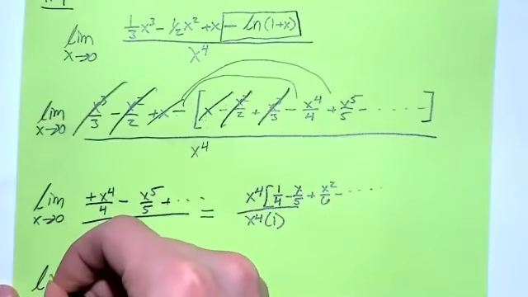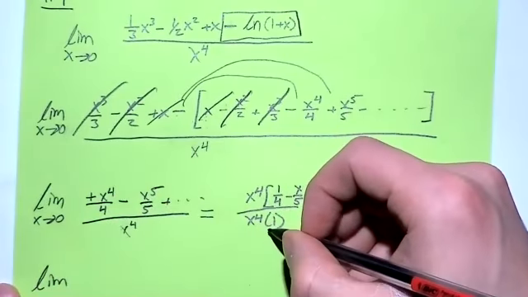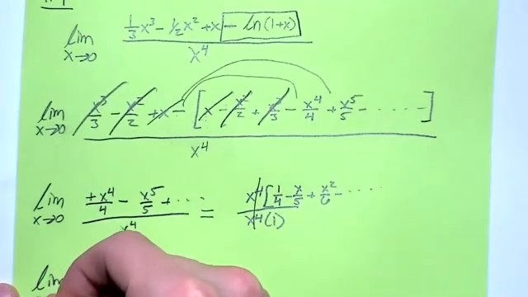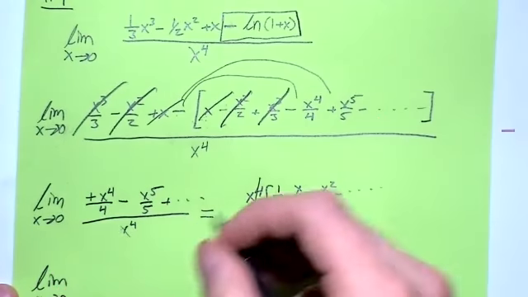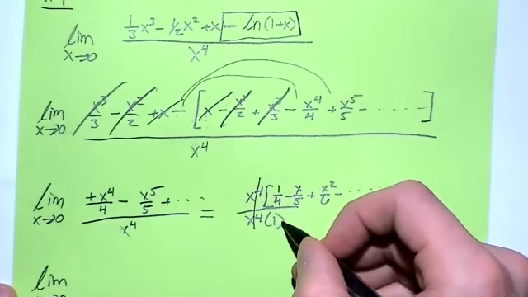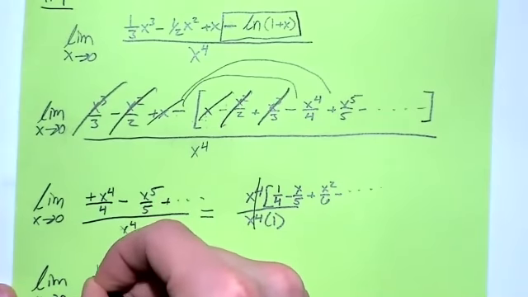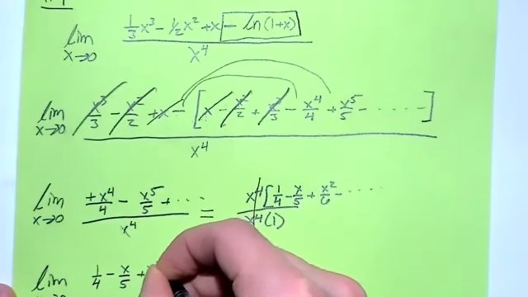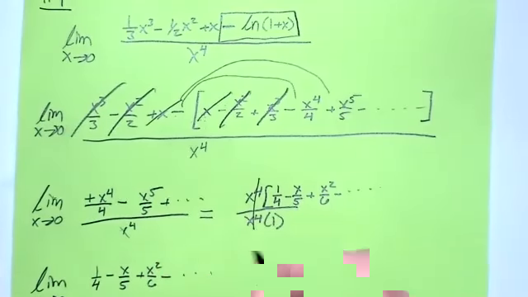Now I'm going to write the limit, and these will cancel because you have x to the 4th over x to the 4th. So the limit as x approaches 0 of 1/4 minus x over 5 plus x squared over 6 minus so forth.